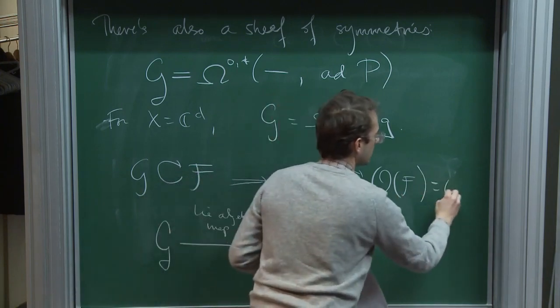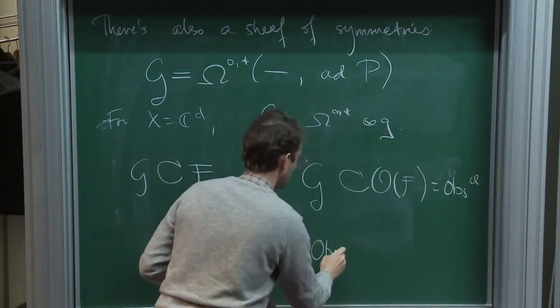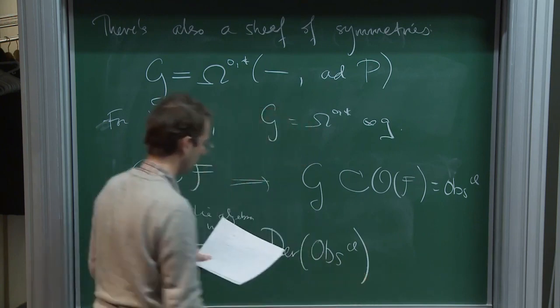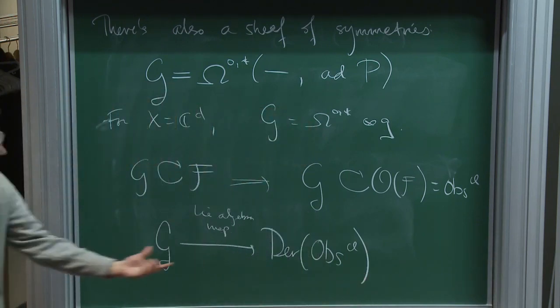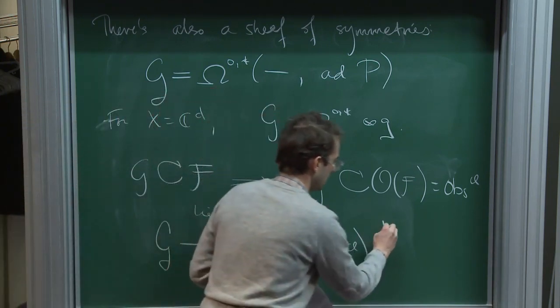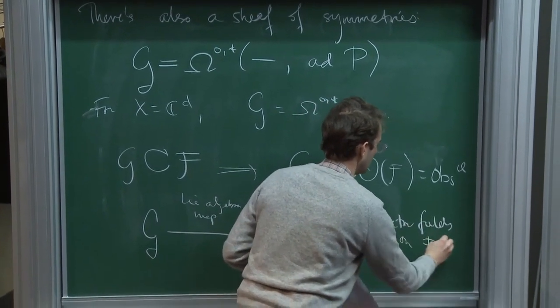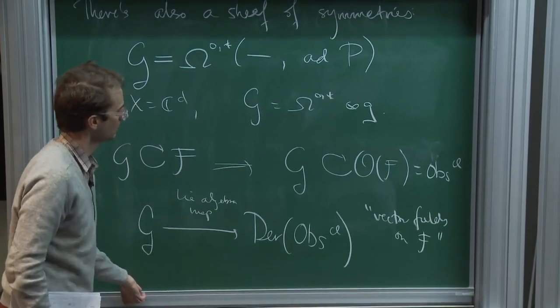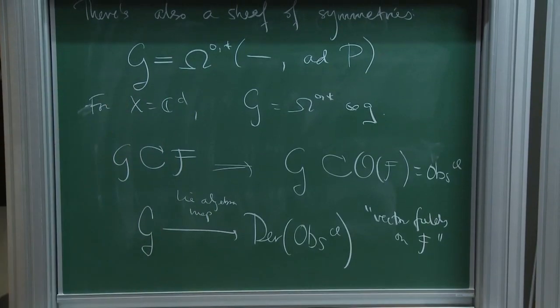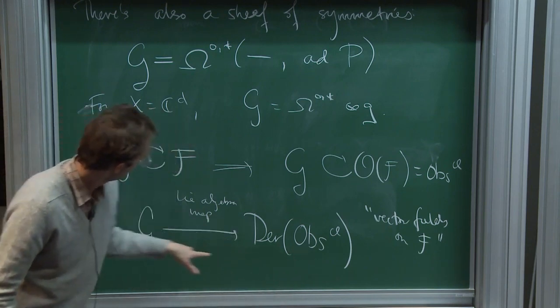This is what I've been calling the classical observables. So these are vector fields, if you want, on F. OK, so far so good. So we have this Lie algebra map.